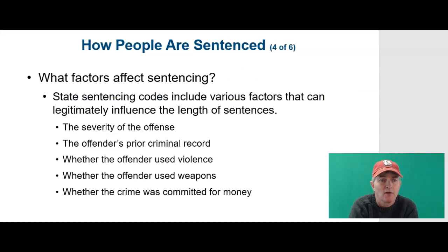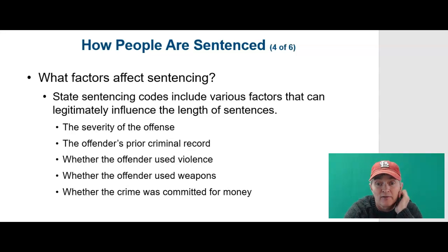You might ask yourself, what factors ultimately affect sentencing? Well, state sentencing codes include various factors that can legitimately influence the length of one's sentence. First, the severity of the offense. What'd you do, and how bad was it? Second, do you have a prior criminal record?